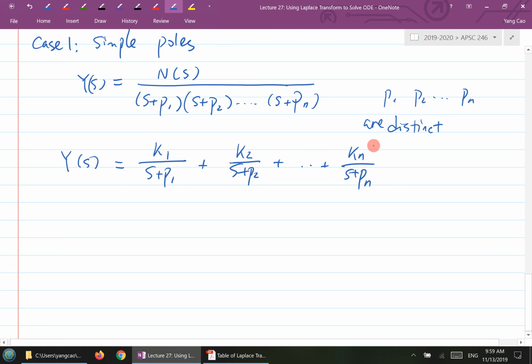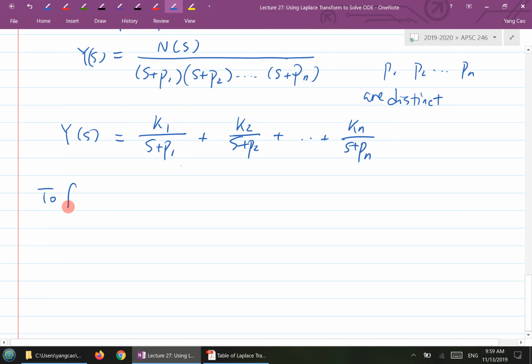When you put these terms back together into the fraction format, it should give you back the original N of s over D of s. To find the ki, you have two options. One is to use a formula, and the formula for ki says this.